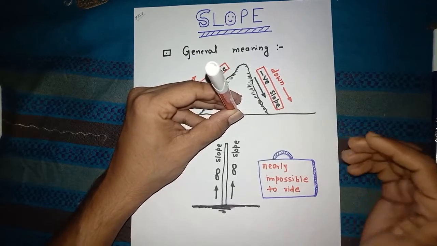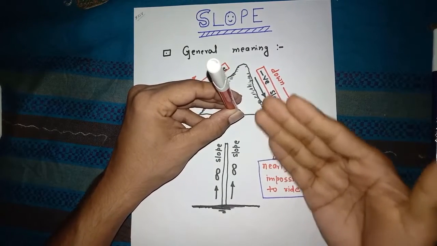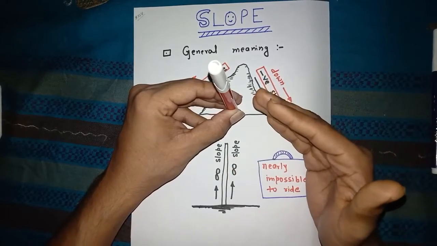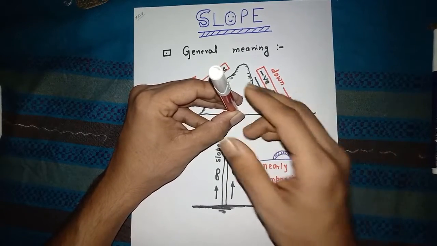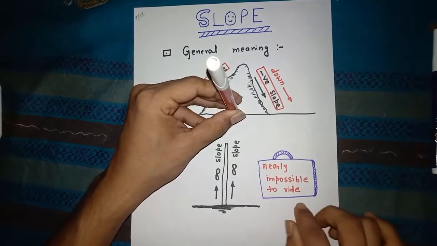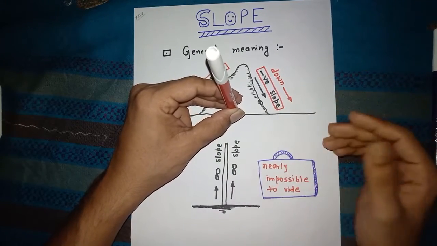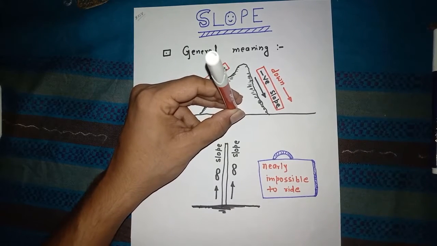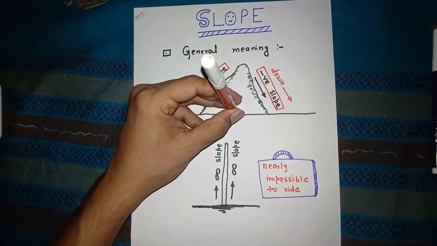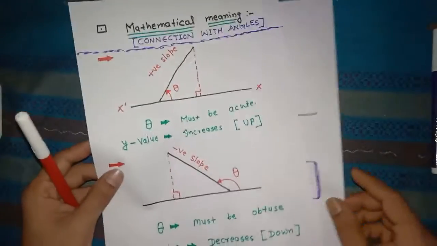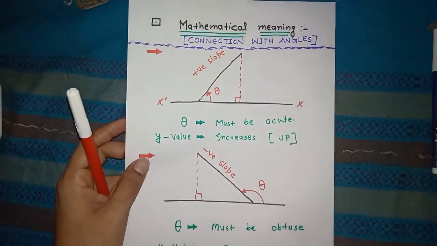That's why it is called an infinite slope, meaning the steepest condition possible. It is nearly impossible to ride. That's why in mathematics we say that it has infinite slope.